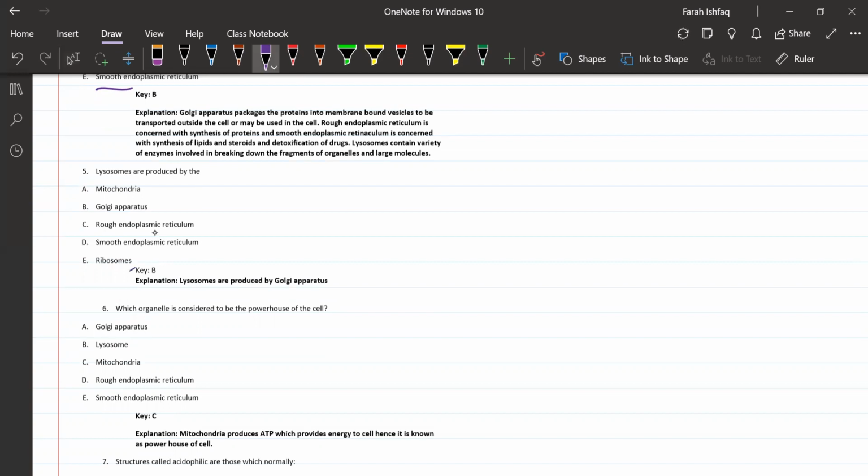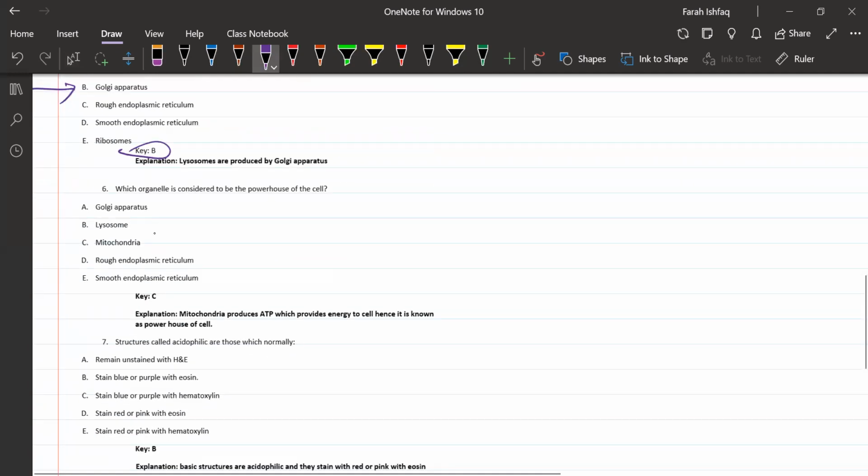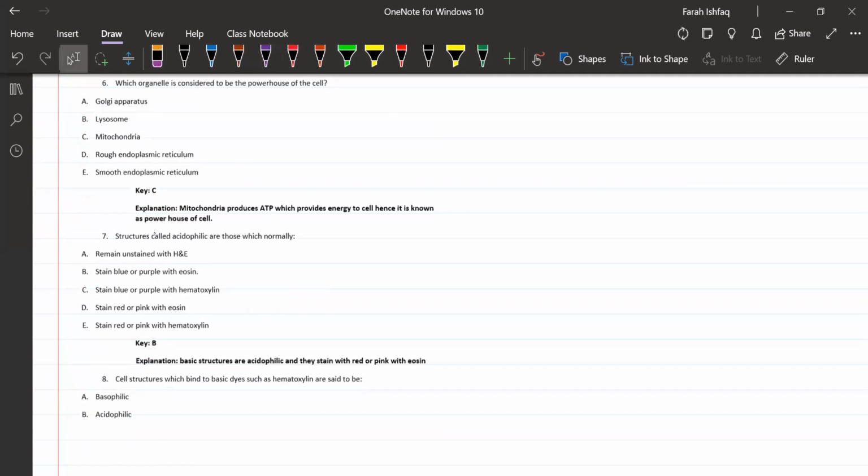So the correct answer is the Golgi apparatus. They produce the lysosomes because the packaging of the proteins, that is the enzymes, is done by the Golgi. Which organelle is considered to be the powerhouse of the cell? Of course, the mitochondria. It is the powerhouse of the cell.